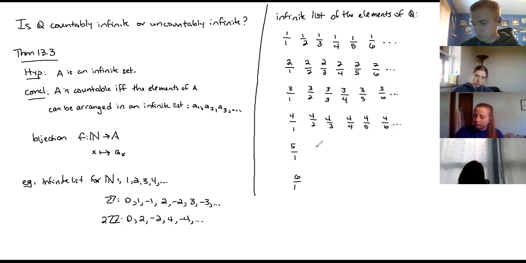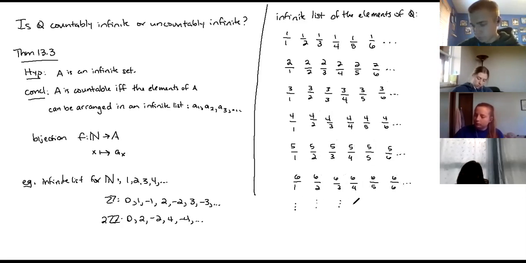Also, the snaking is going to be terrible, but we'll do it. Okay, and then the 6s. And then we've got dots going down also.